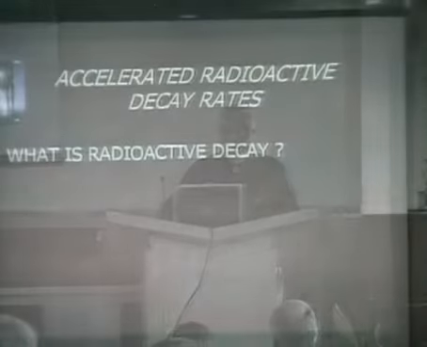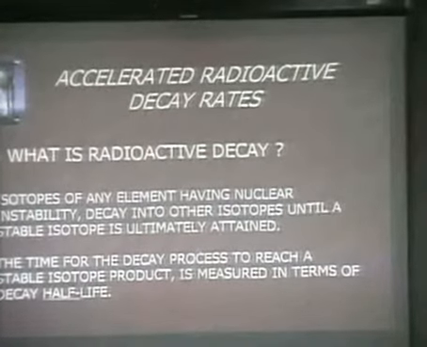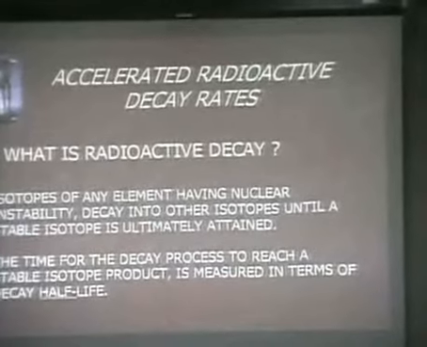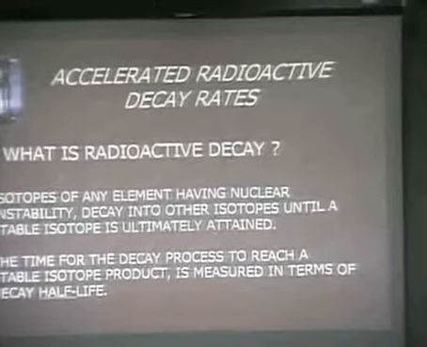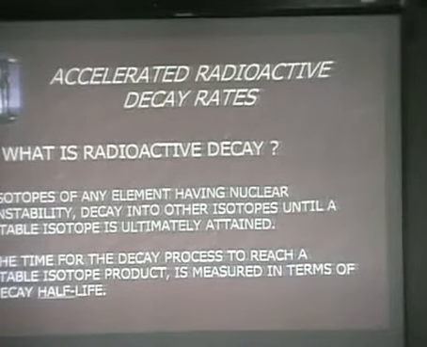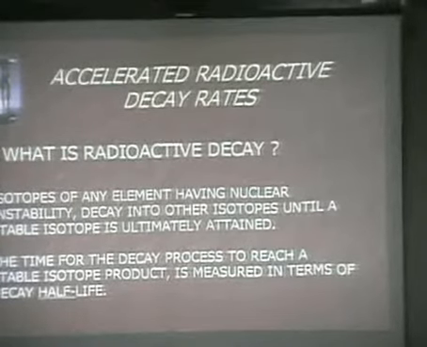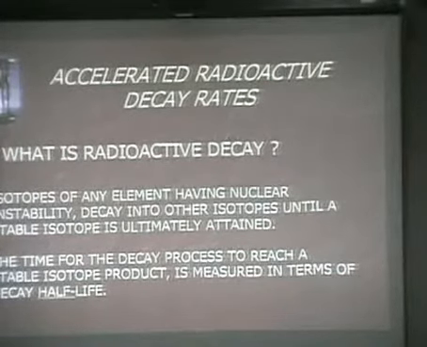So I kind of explained to you what radioactive decay was already, but where does it come from? It comes from the nature of the elements, the chemical elements, the atomic structure of those elements. This is a little bit too far over, but I don't know if we can straighten that out right now. Anyway, every atom has its own unique properties. And those properties determine the kind of atom that it is. And of course, one of the properties that determines an atom is called its atomic number.